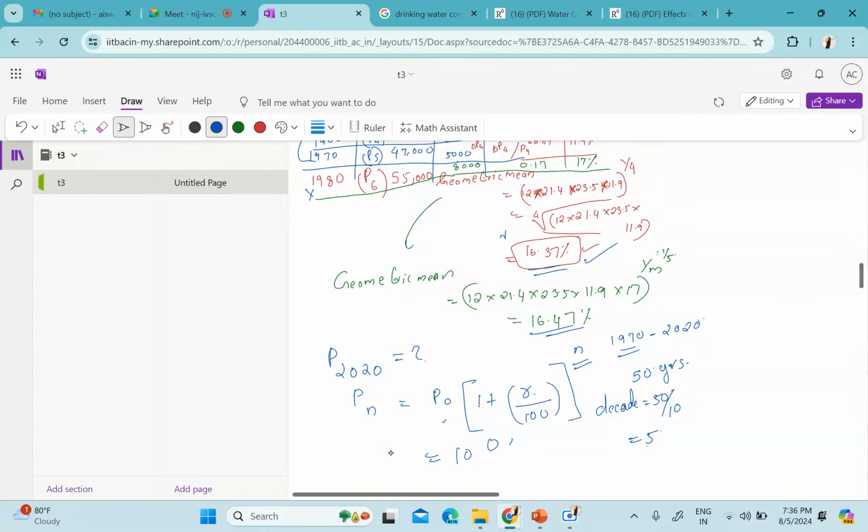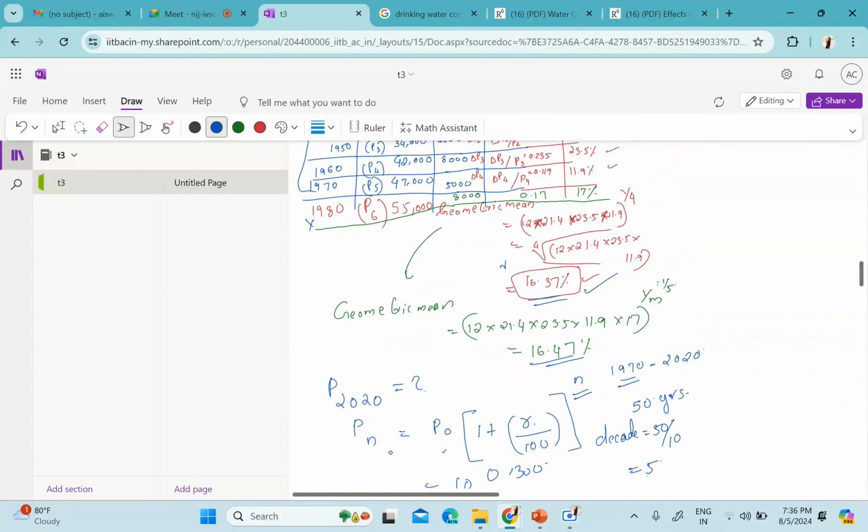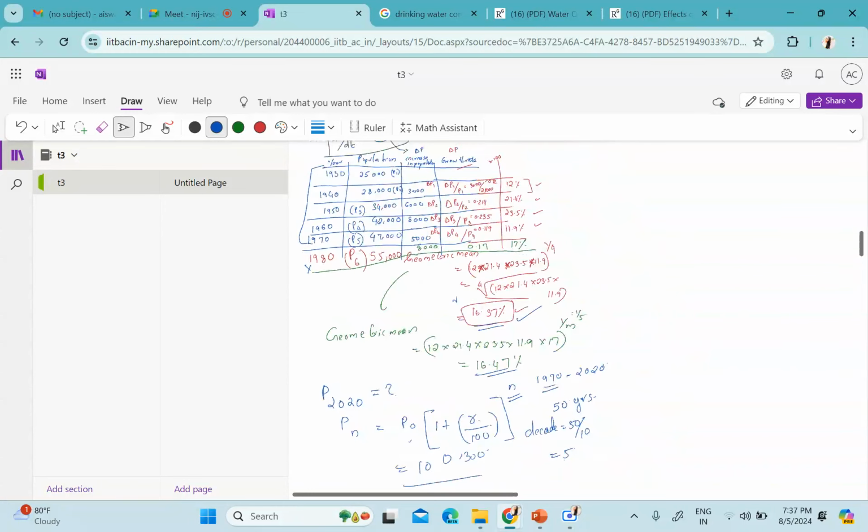So the R value is the geometric mean that we have calculated. Don't worry. Next, do the same again.